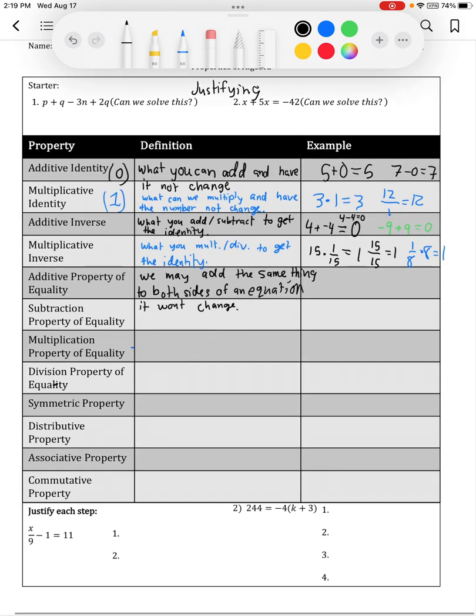So for example, if we have x is equal to 3, that's going to be the same thing as x plus 7 is equal to 3 plus 7. We may add the same thing to both sides and have it not change.